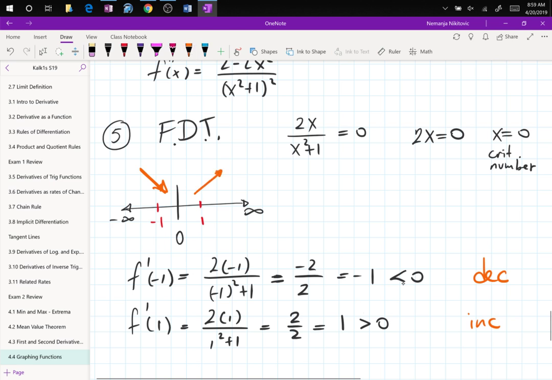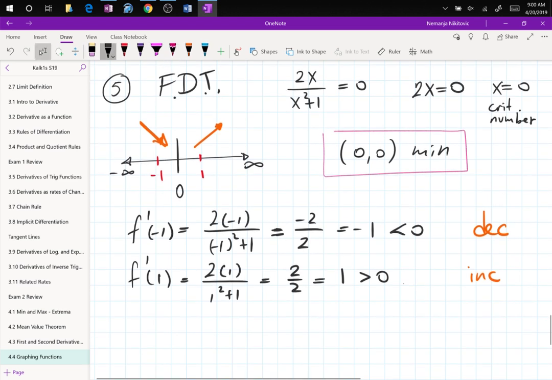And this is that great part where you see the decrease and then increase, so we know that 0 is a minimum. So 0 is a min. That's a piece of information that we get to use. And then we know that the function prior to the minimum is decreasing, and the function after the minimum is increasing. So we have all of that information.